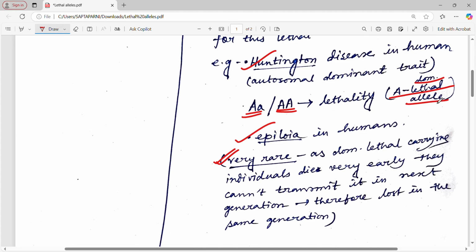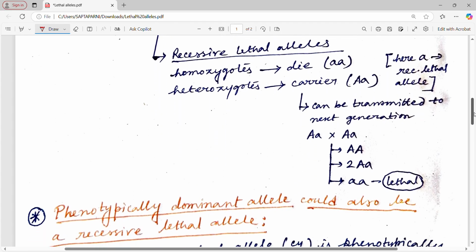Now coming to the next type, recessive lethal alleles, which are more common in nature than dominant lethal alleles. From the name it is evident that these lethal alleles are recessive in nature. That means they will show the lethal phenotype only when present in homozygous condition. Say small a is the recessive lethal allele here. Only the homozygous recessive genotype, small a small a, will show lethality.